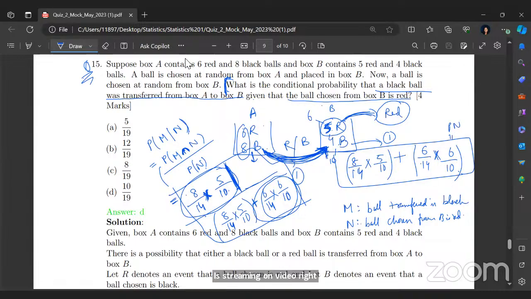Ma'am, also I wanted to ask, will we get the weightage distribution of weeks, like we get in the end? Not really.